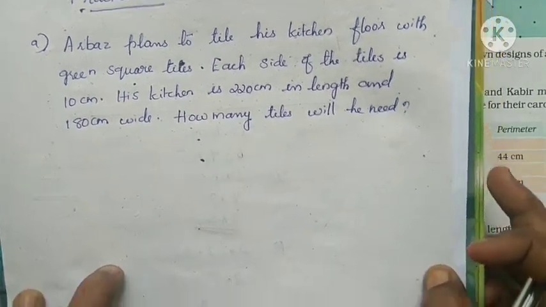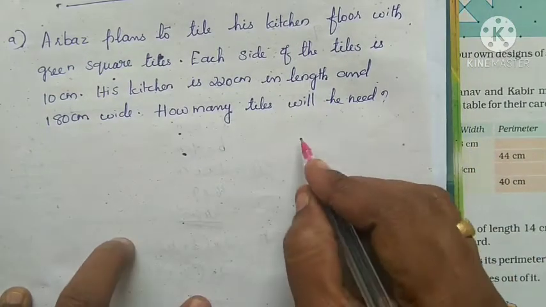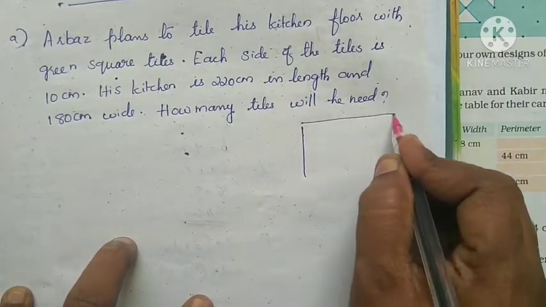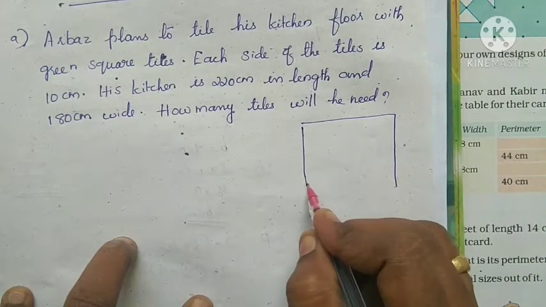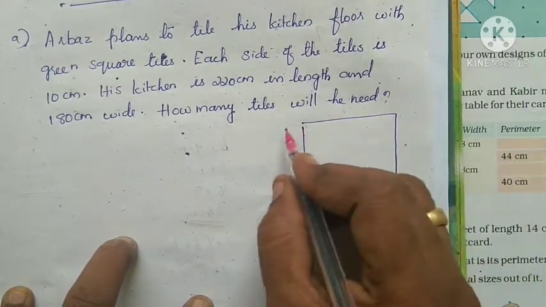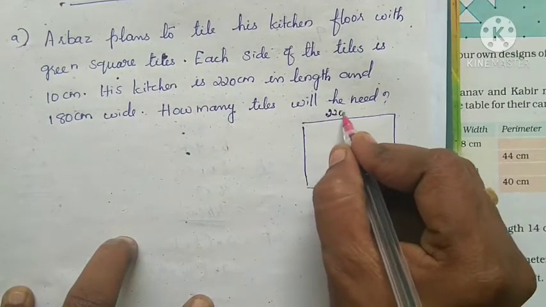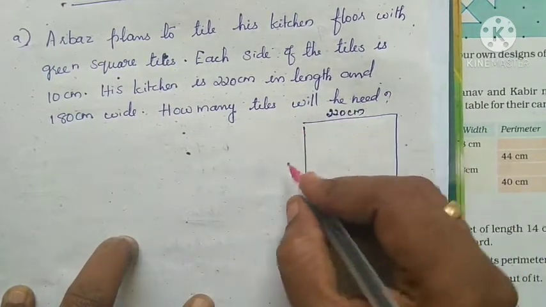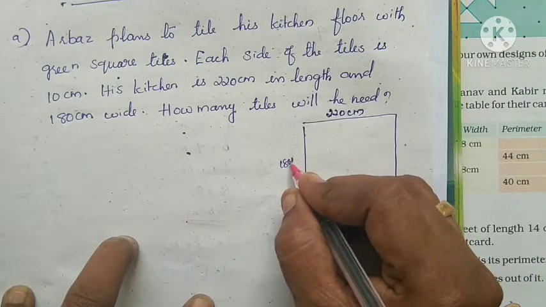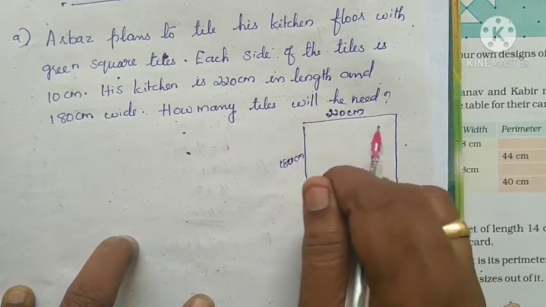So first I can draw a kitchen floor. So this is the kitchen floor, and the kitchen is 220 centimeter in length and this is 180 centimeter wide.